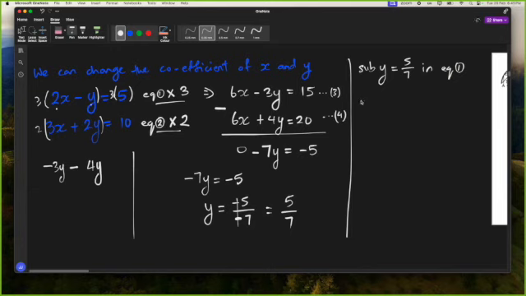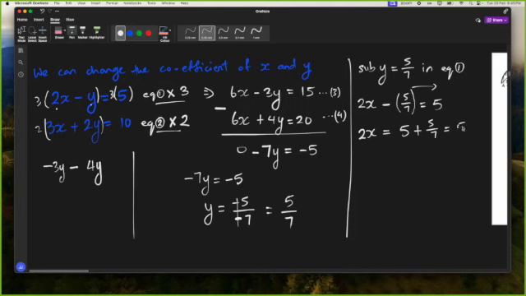So what do we have in equation 1? 2x minus y, which is 5 on 7, that is so painful, is equal to 5. You throw across the 5 on 7: 2x is going to be 5 plus 5 on 7, which is 5 and 5 on 7.